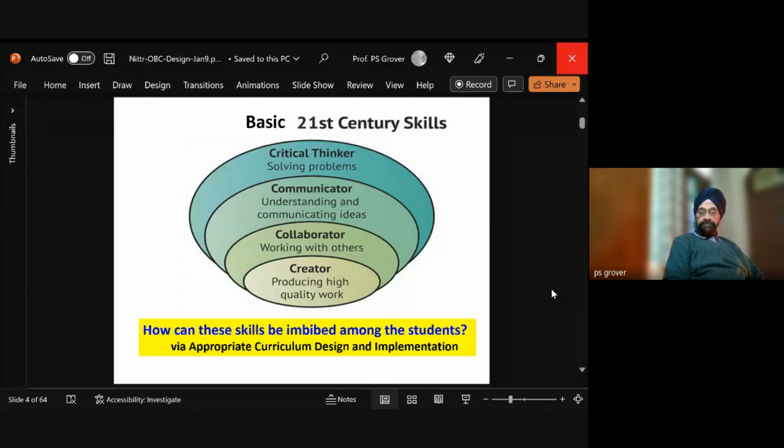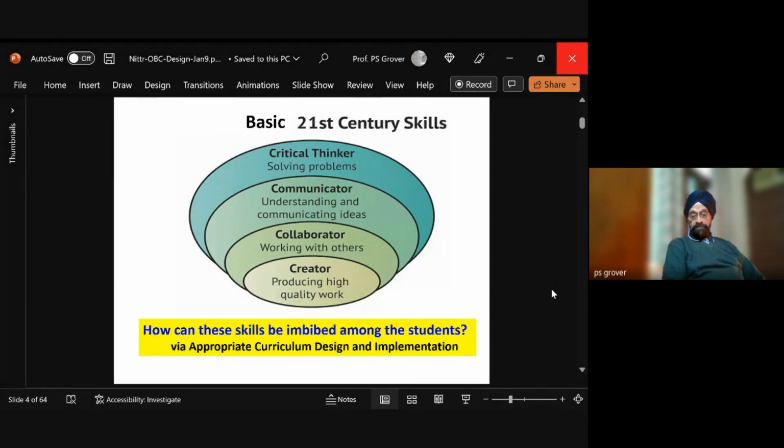You know that 21st century skills demand that a student should be a critical thinker. He should be able to solve problems independently. He should be able to communicate. He should be able to understand. Communicate not only verbally, but in writing, graphically, and by other means also.